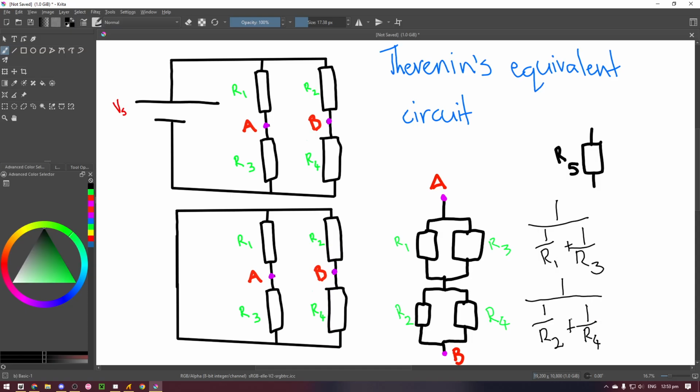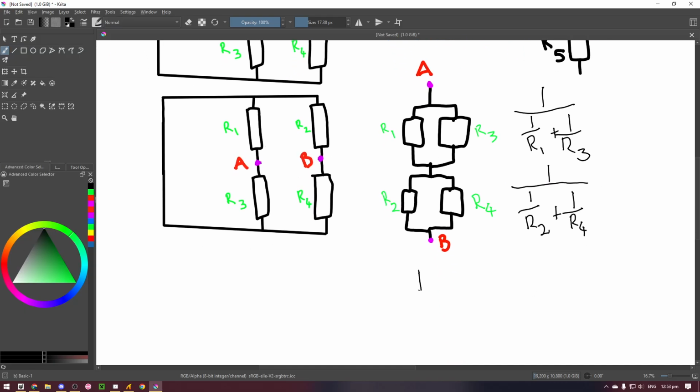We can simply add these together to get the total equivalent resistance, which will be 1 over R1 plus 1 over R3 plus 1 over R2 plus 1 over R4. This is our Thevenin equivalent resistor.